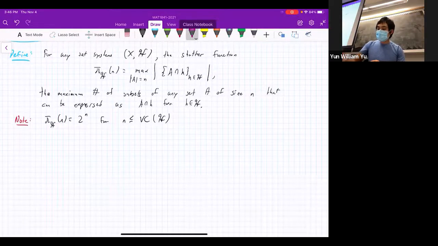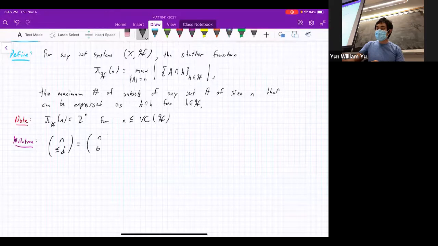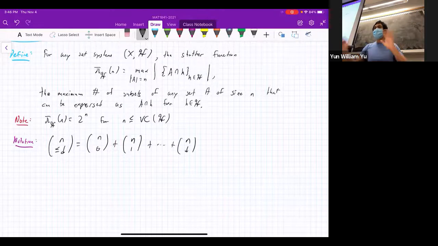So let's add a little bit of notation first. I'm going to say n choose less than or equal to d is, by definition, n choose 0 plus n choose 1 plus ... plus n choose d. So it's just n choose a subset of size less than or equal to d.